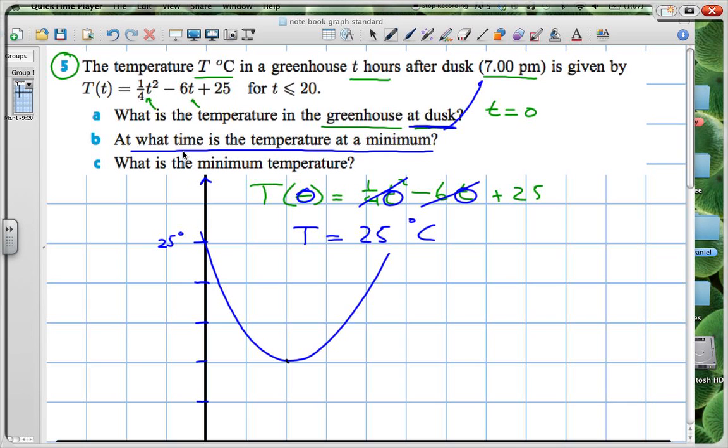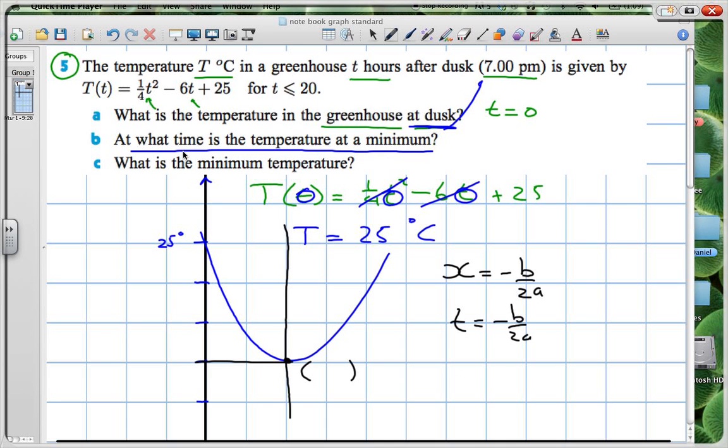We want to find this point over here, and that will be along what we call our axis of symmetry. So we use this formula, x is equal to minus b over 2a, to find the x value, or in this case the t value, we could use t is equal to minus b over 2a, when it's going to be at the lowest point or the lowest temperature.